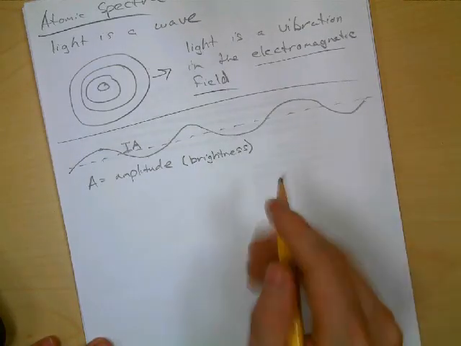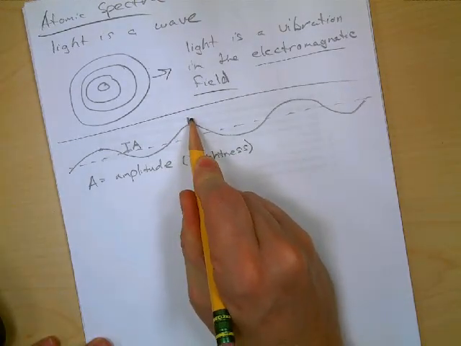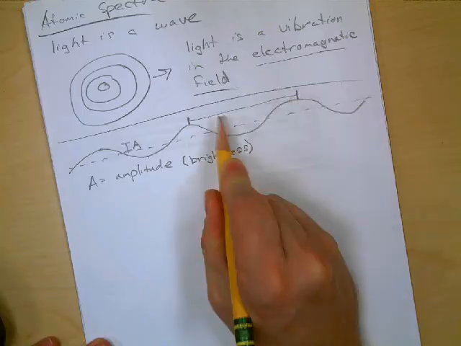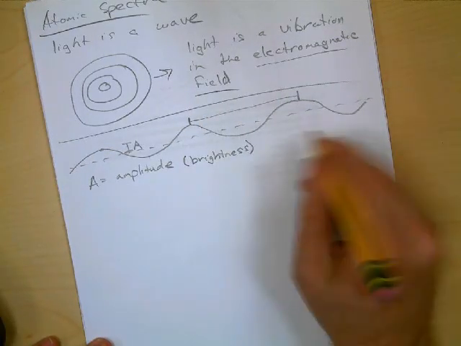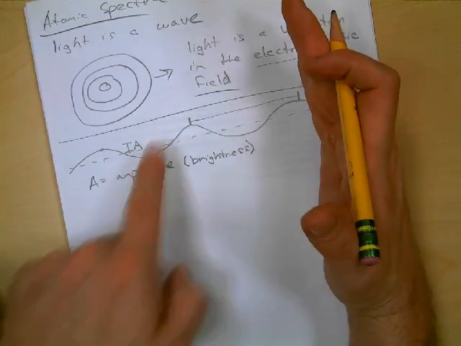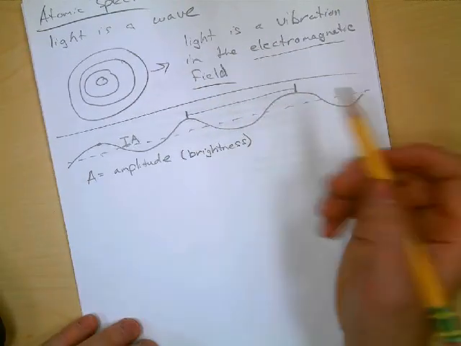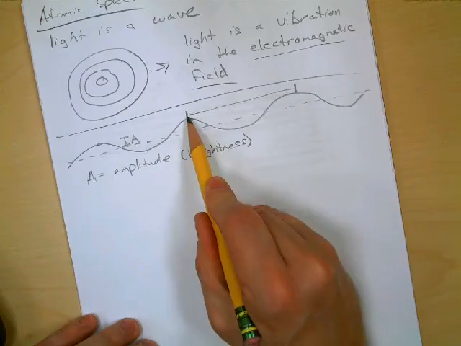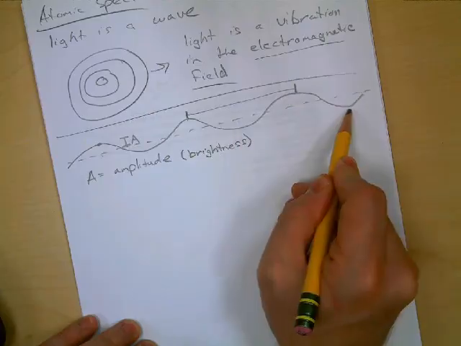Okay? It will also be interesting to us and to chemists in general to talk about this distance here. As these wave peaks travel, let's suppose they're traveling to the right here, you will have these wave peaks passing a certain point, and it is often useful to know how far apart they are from one peak to the next peak, or from one trough to the next trough.